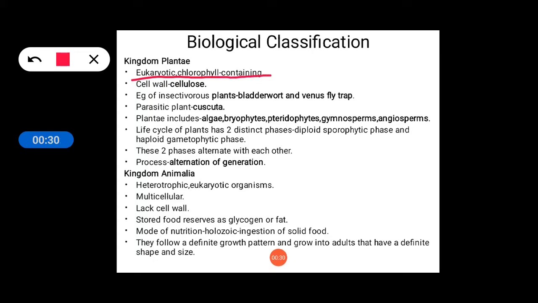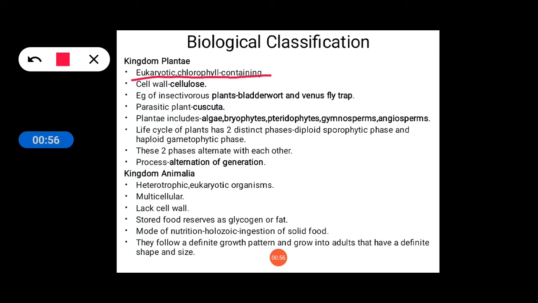This point indicates that all the organisms present in the kingdom Plantae are eukaryotic. That means all the organisms possess a clear, well-defined nuclear membrane, and the organisms also contain chlorophyll as their pigment.